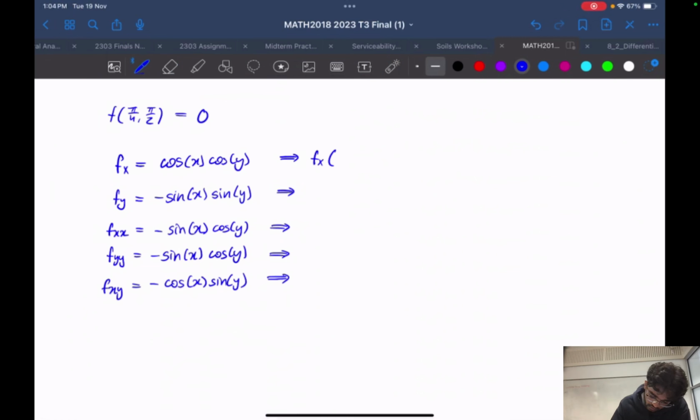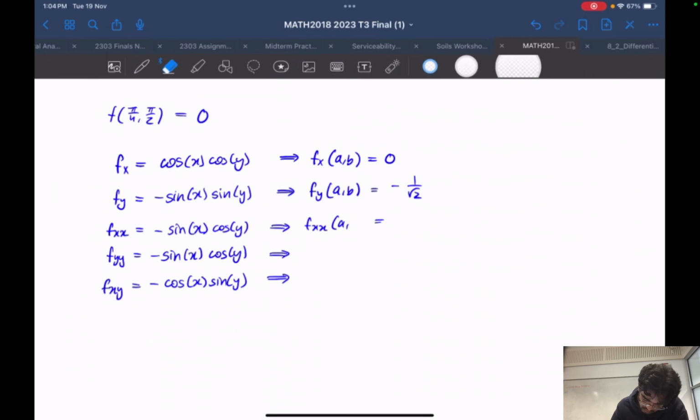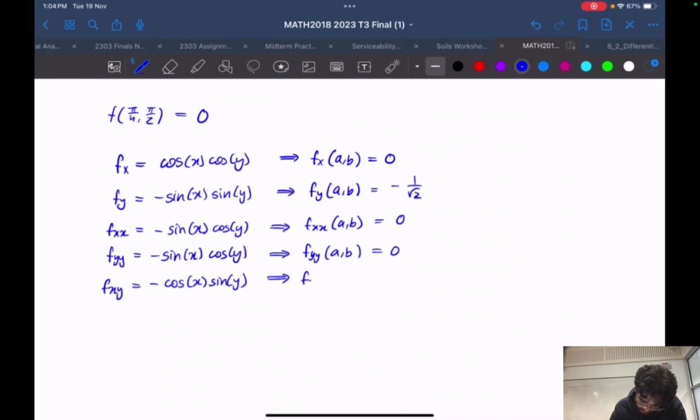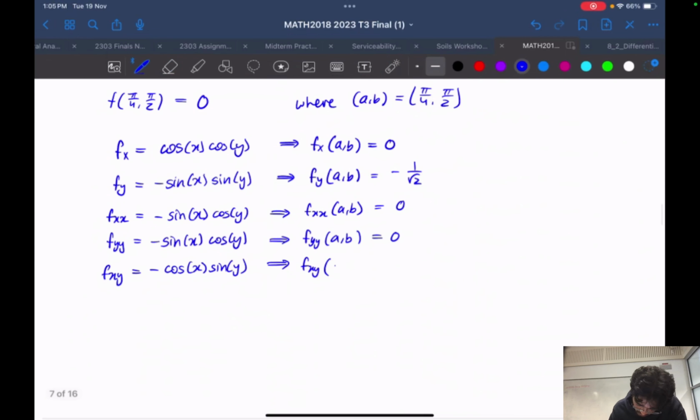So f_x of (a, b) is equal to 0. f_y of (a, b) is equal to minus 1 over root 2. f_xx of (a, b) is equal to 0. f_yy of (a, b) is equal to 0. f_xy of (a, b), where (a, b) is equal to pi on 4, pi on 2, is equal to minus 1 over root 2.